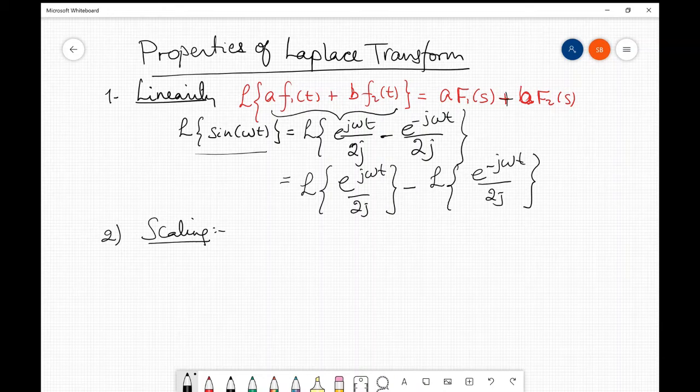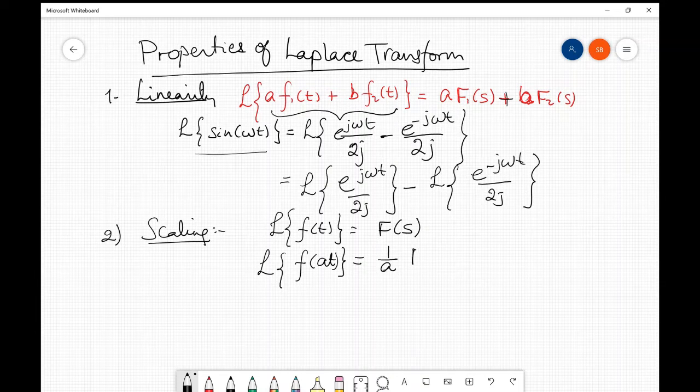Alright, so scaling tells us that if the Laplace transform of a function f of t is F of s, then the Laplace transform of f of at is going to be 1 over a times F of s over a. Which means if you multiply your time function by a scaling factor, in the frequency domain it's going to be scaled by division.